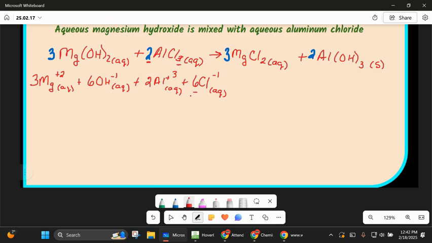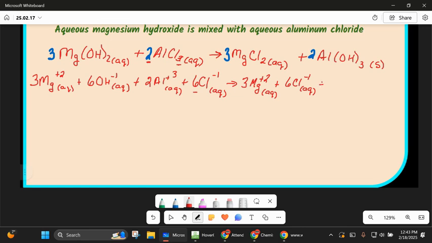Any questions on that? We would create, again, 3 magnesium 2+ ions. They would still be aqueous. And 6 chlorine -1 ions that are again going to still be aqueous.